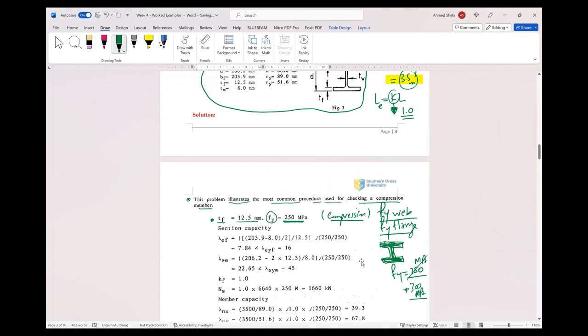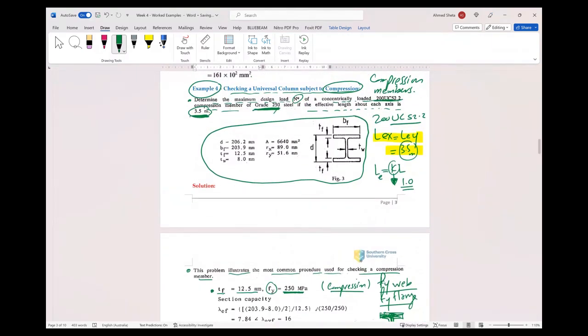Whatever the grade given to you, or whatever steel is used in the design or available, you can use that grade.